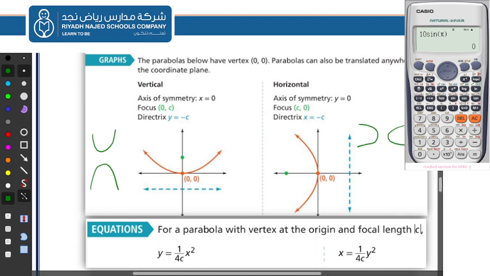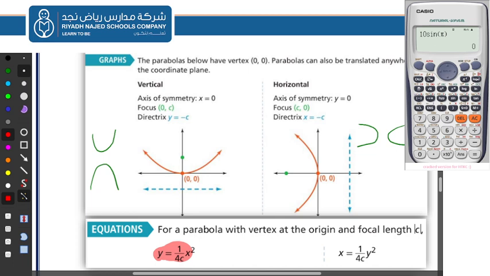And depending on the type of the parabola, we will use a different formula. So for vertical parabolas, it will be y equals. I will explain it and apply it in the next questions.